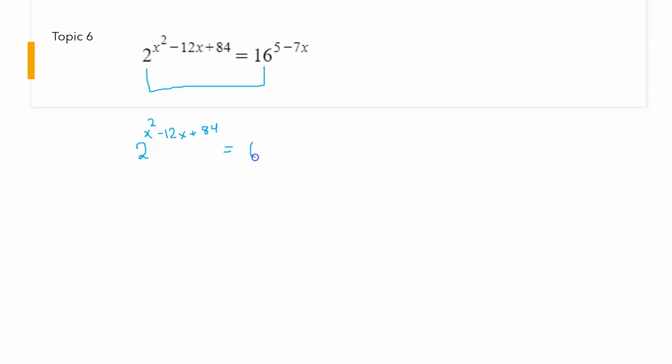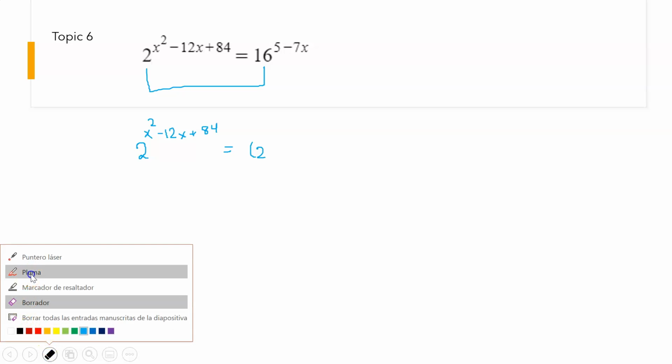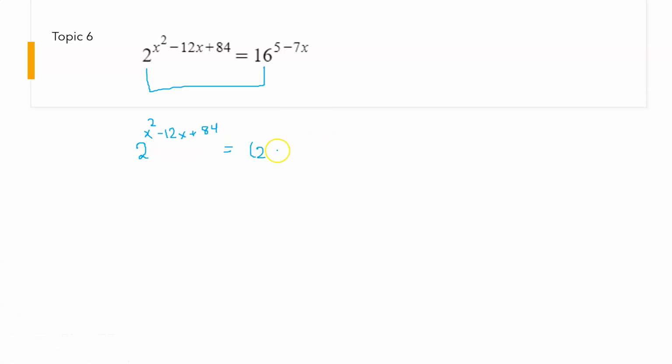And 16, I'm going to see this 16 as 2 to the 4, because 2 times 2 is 4, times 2 is 8, times 2 is 16. Sorry, let me erase this. 2 to the 4 elevated to the 5 minus 7x.